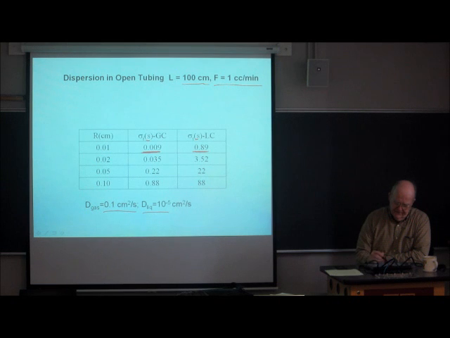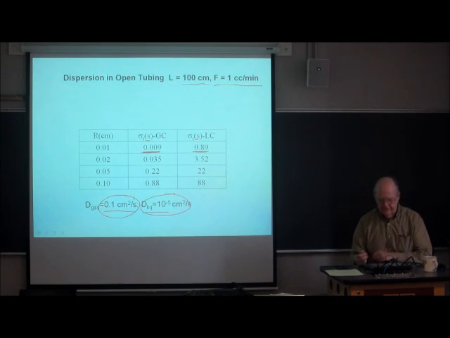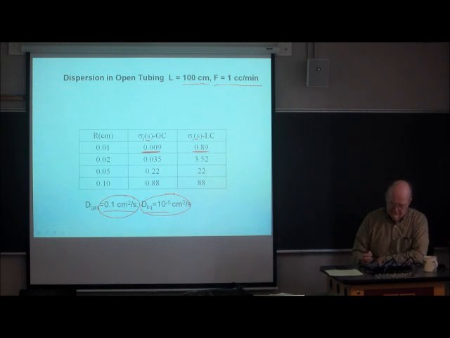And that's all due to the 4 order of magnitude difference in the diffusion coefficient. The radius, you see, if we even change the radius a little bit, we have a gigantic change in the sigma.